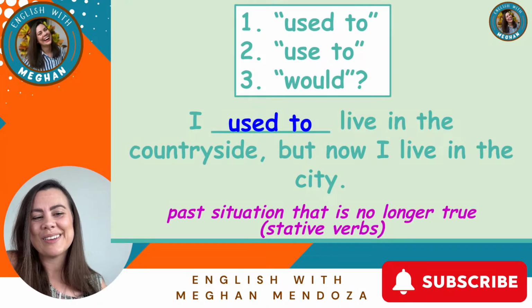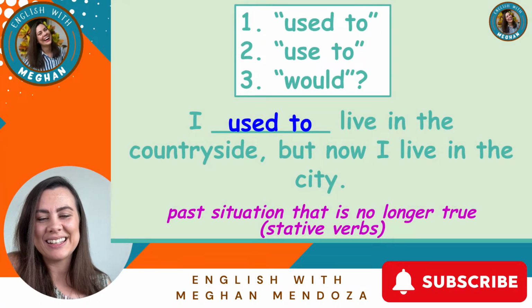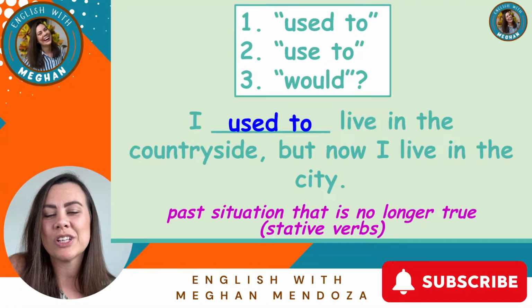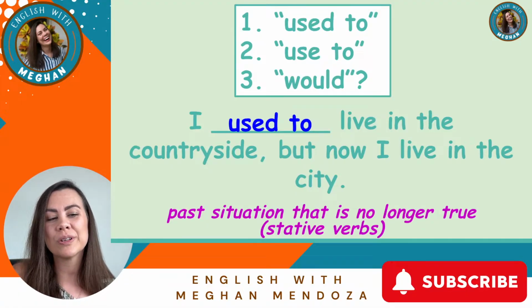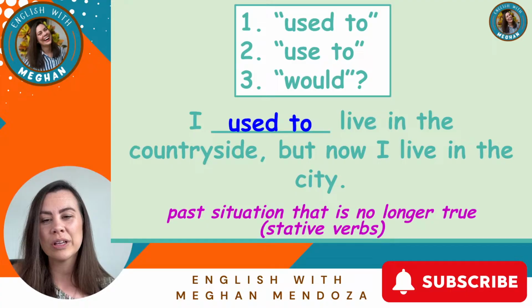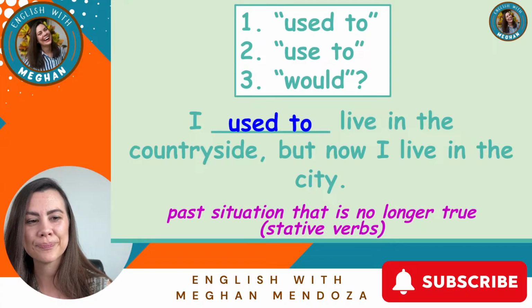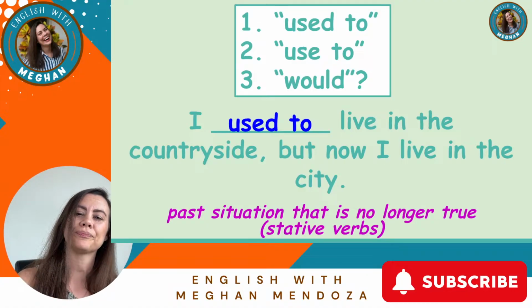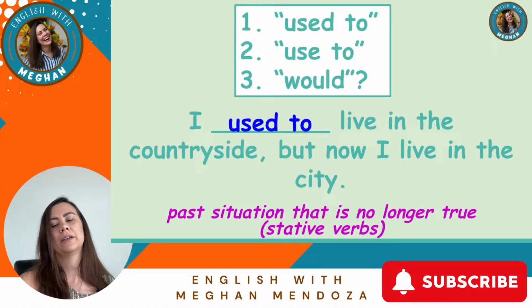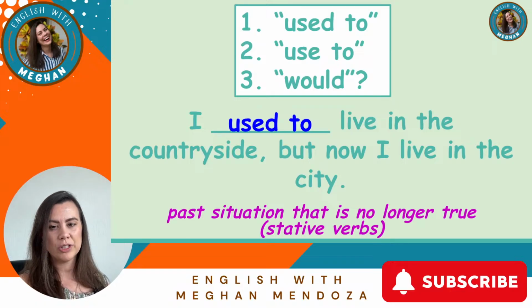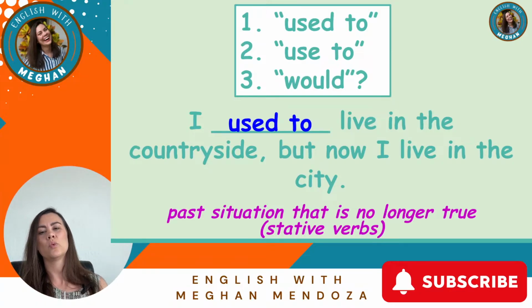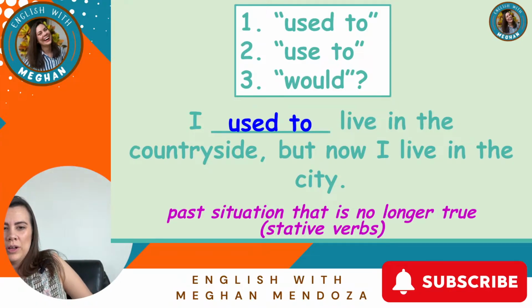Okay. So the reason is that it is a past situation that is no longer true. The reason is not because of now. It is because "live" is a stative verb. Okay. "Live" is a stative verb, a state of being. So yes, someone did put that the reason there can't be any "would" is because we have now, right?